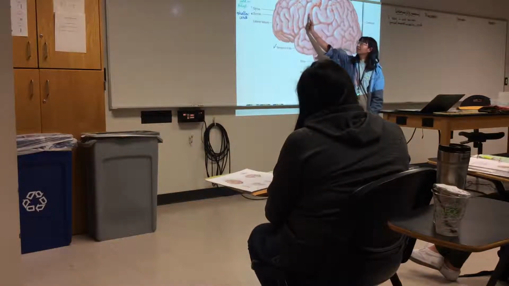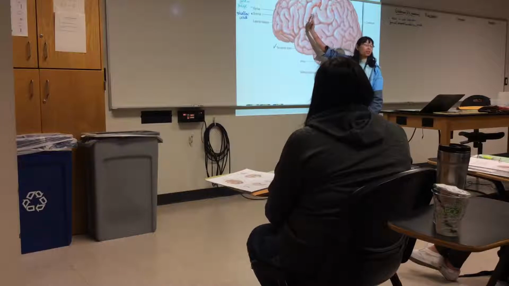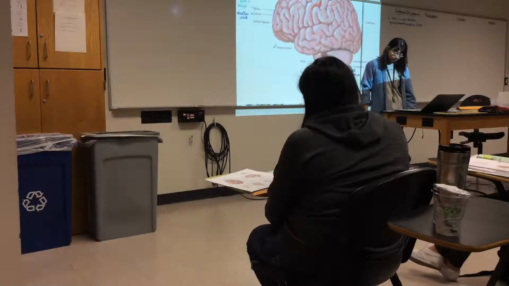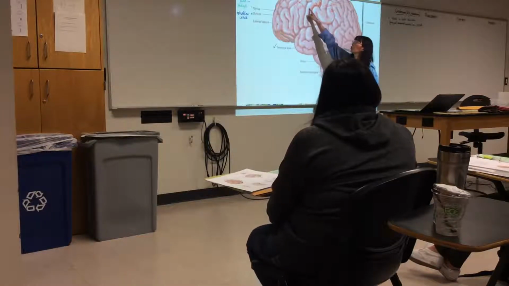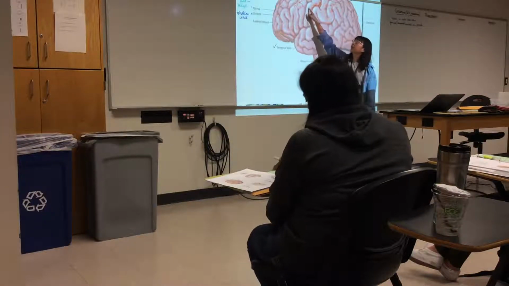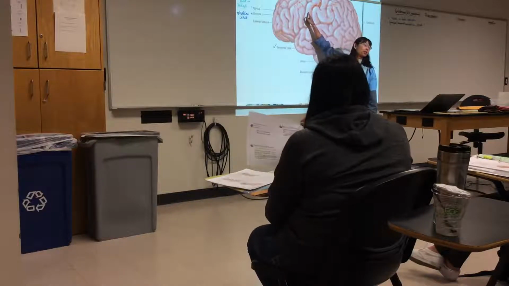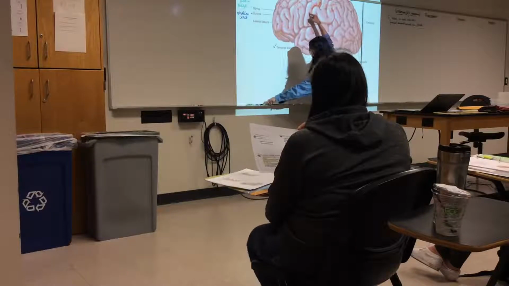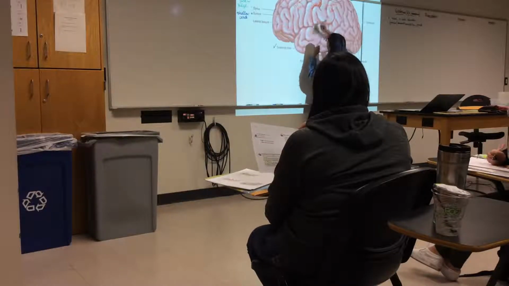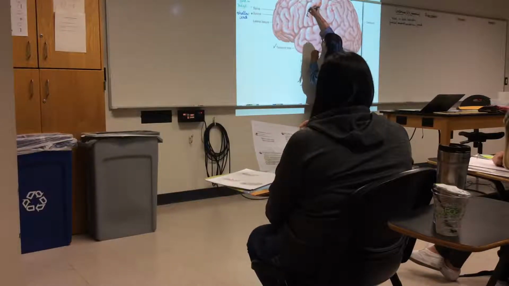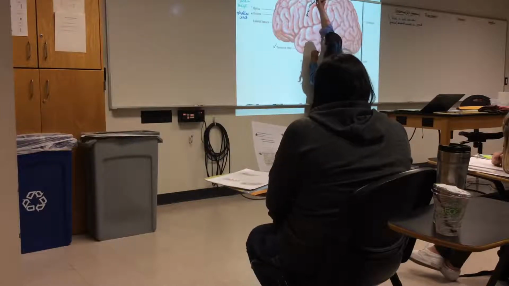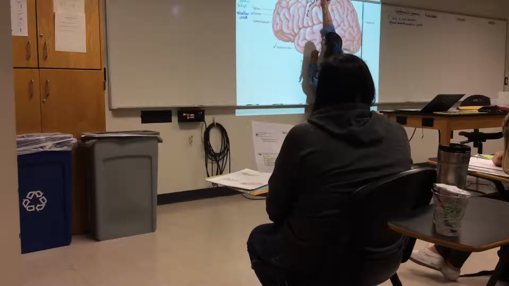What's a bulge again? The bulge is gyrus. So look at the next word. Pre-central gyrus versus post-central gyrus. What is this bulge here called? What do you guys think? Pre or post? Pre. Yes. So right here is the pre-central gyrus.